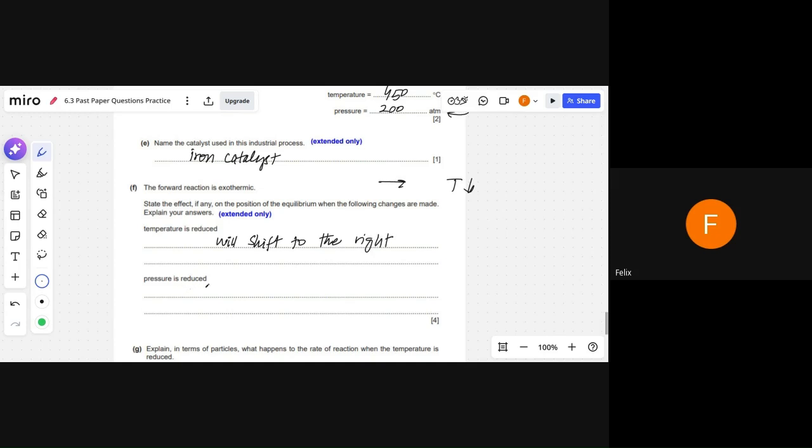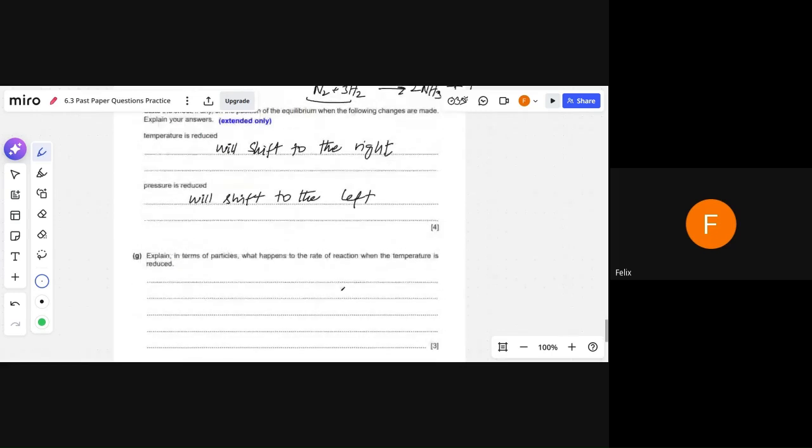And if pressure is reduced, let me write the balanced equation: N2 plus 3H2 gives 2NH3. We have more moles on the reactant side, so if pressure is reduced, the reaction will shift towards greater moles. So it will shift to the left. I hope this is clear.